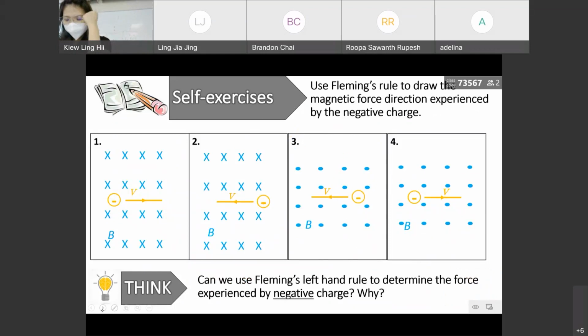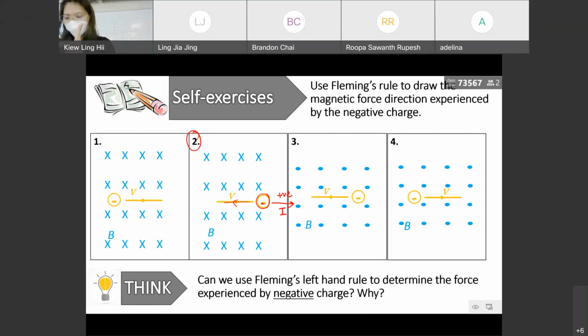Remember, if it is a negative charge, it is actually the other way around, right? It must always be the direction of positive charge. So for question 2, if this is a negative charge moving to the left, where does the positive charge go? The positive charge goes in the opposite direction. So this is the direction of current, am I right?